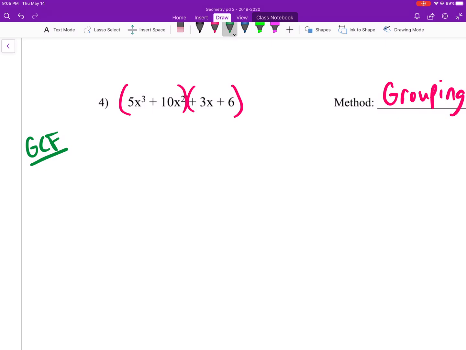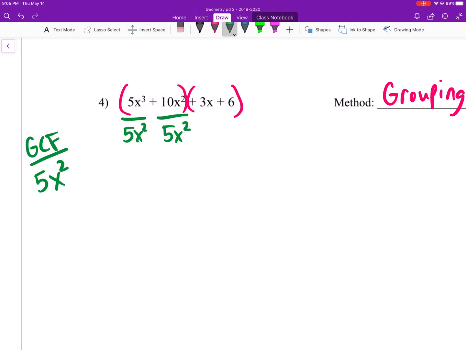is what? 5x cubed plus 10x squared. What's the GCF between 5 and 10? That would be 5. And what's the GCF between x to the third and x squared? They both have x squared in common, so we have a GCF of 5x squared. So divide both of these by 5x squared.